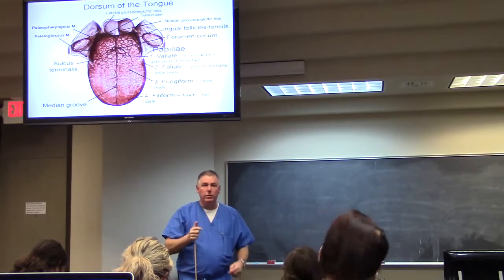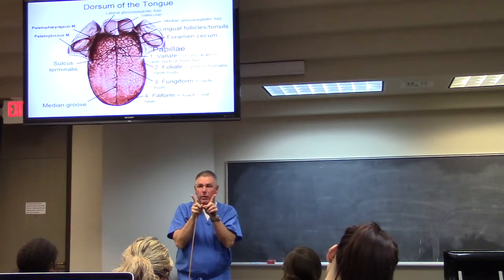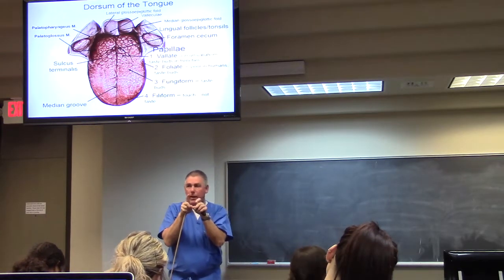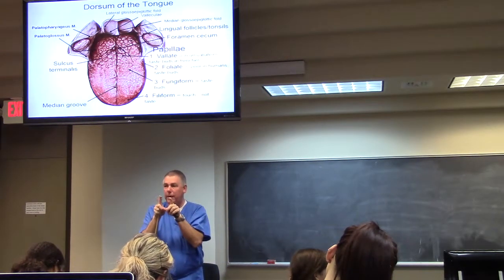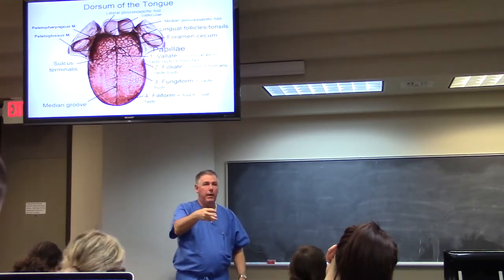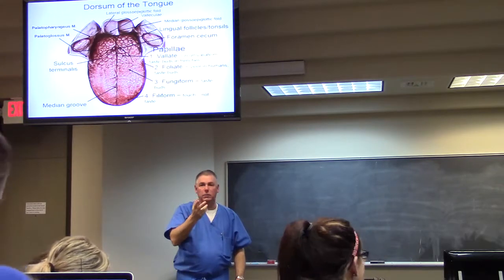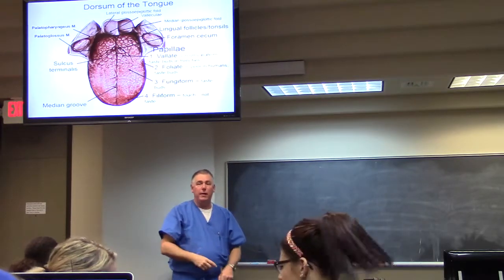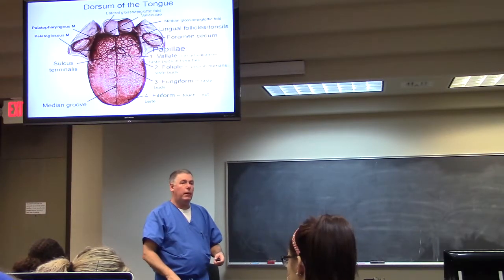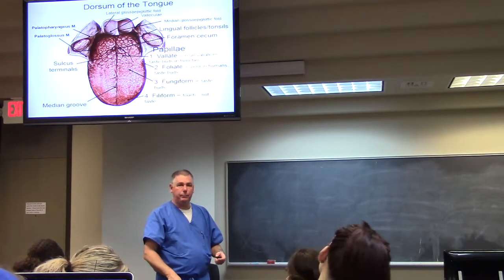And when it heals, now you have a forked tongue that they can move the sides independently. It is the most freaky thing. Do the YouTube thing on people with split tongues. It is just bizarre. Any questions about that?